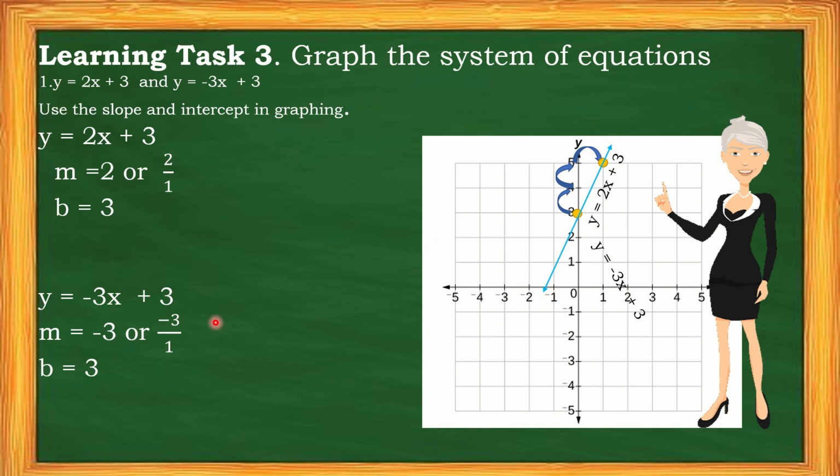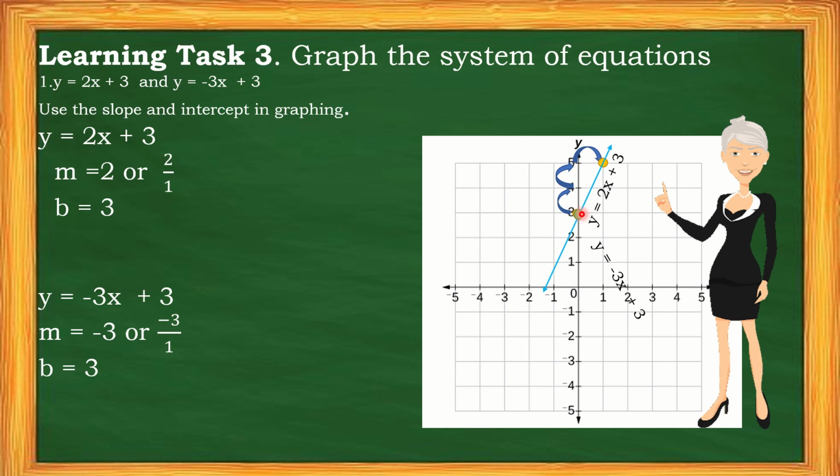Let us have the second equation, y equals negative 3x plus 3. So our slope is negative 3 or negative 3 over 1, and our y-intercept is 3. Again, locate first the y-intercept. The positive 3 is also here. Then use the slope to determine the other point.